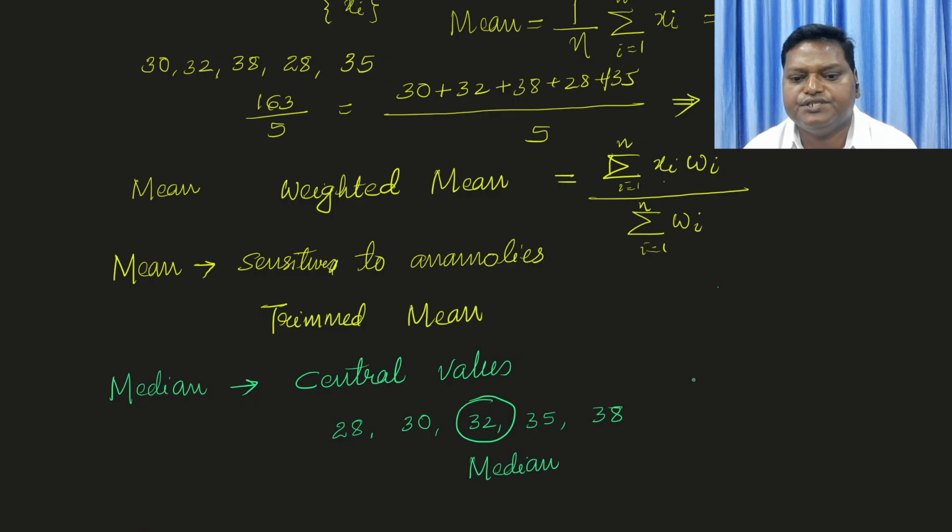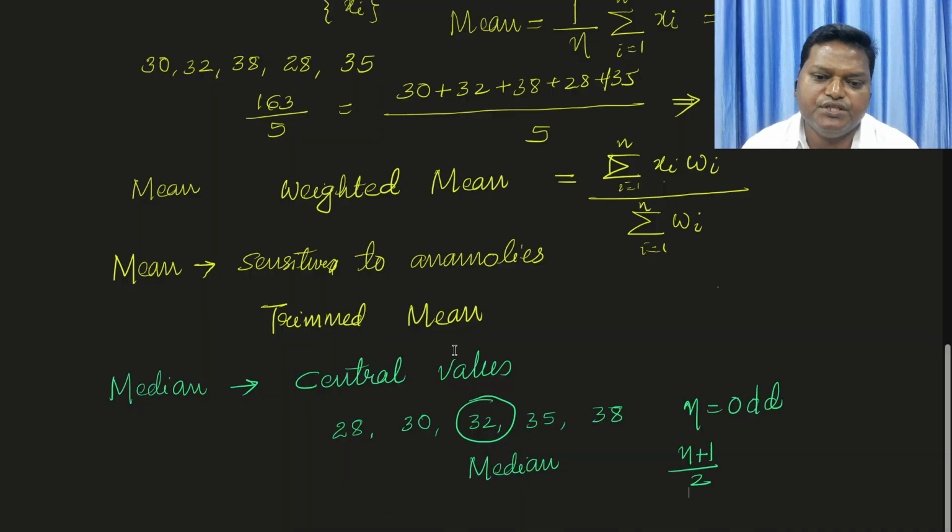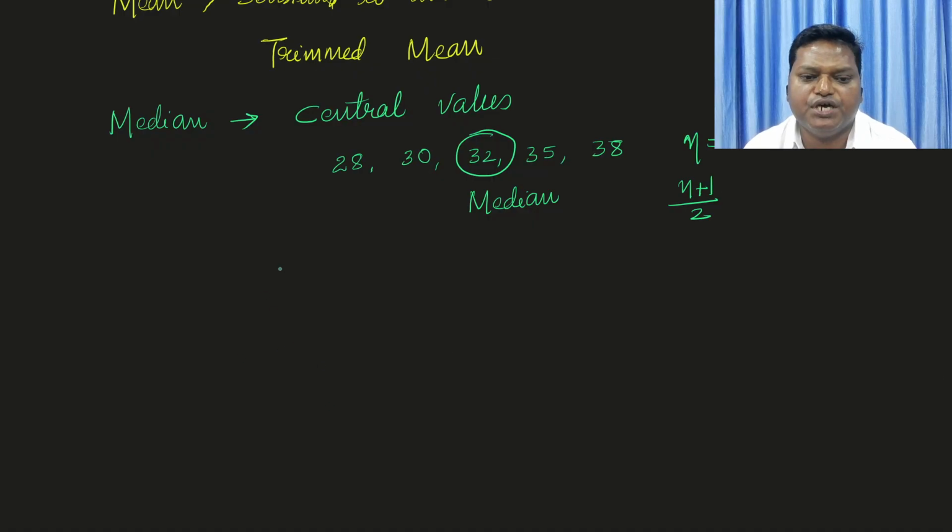If the given data set has an odd number n of elements, we can get the median immediately. Because it is odd, we can remove the same number of elements on this side and that side, and find the center with n plus 1 by 2 very simply. But when n is even, we cannot get a single center. What we do is take the average of the middle two values.